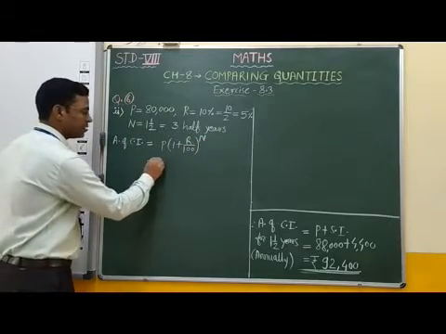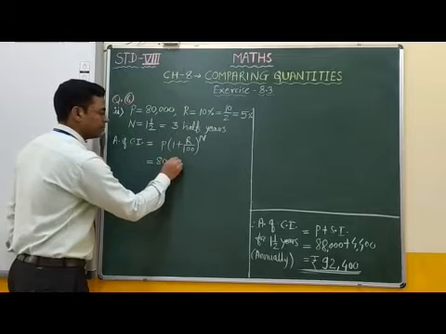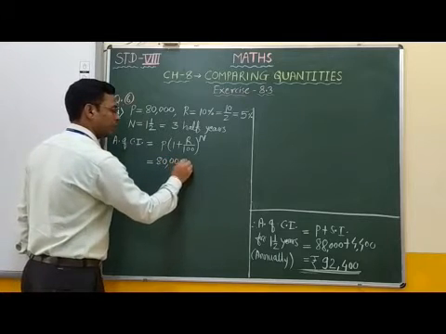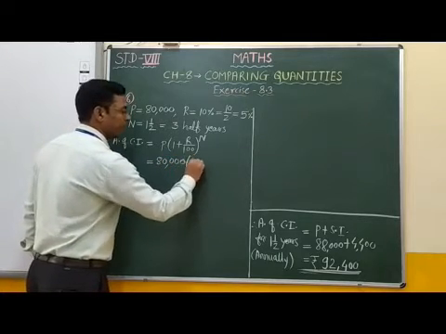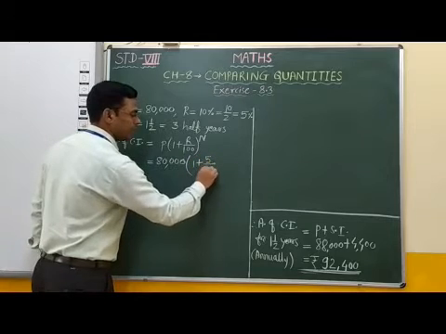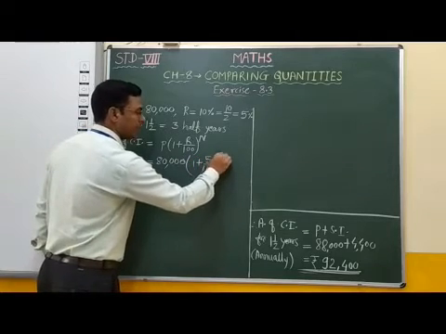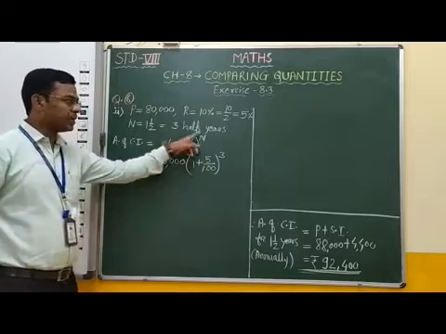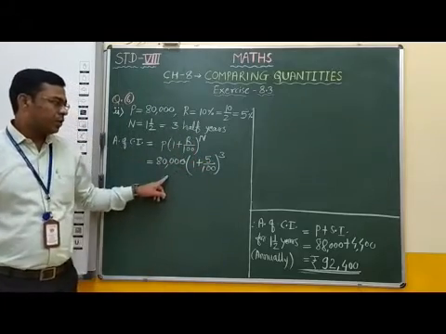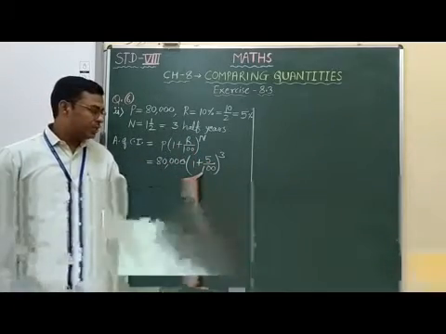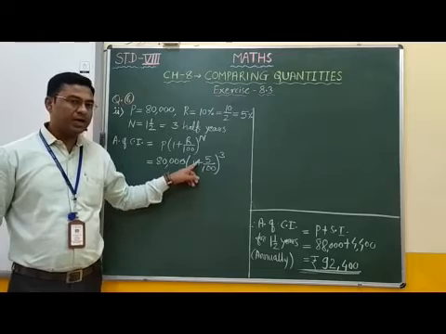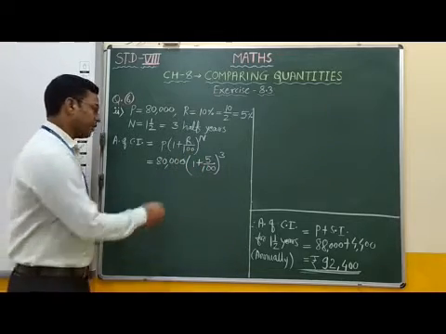Therefore, principal is equal to 80,000, rate of interest 5, and number of half years 3. Now, first of all, we have to solve this bracket. 100 into 1, 100, 100 plus 5, 105.